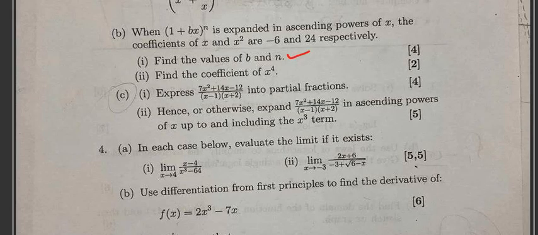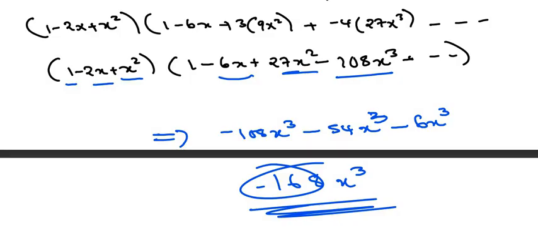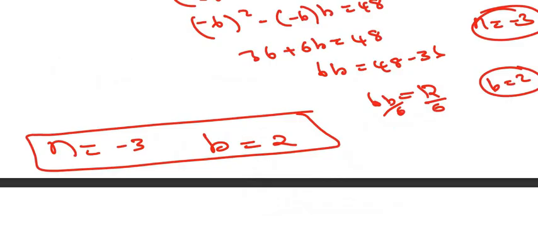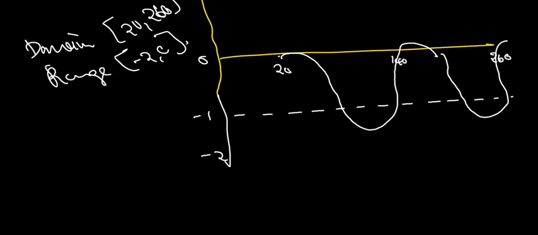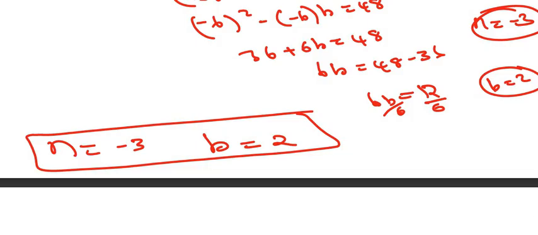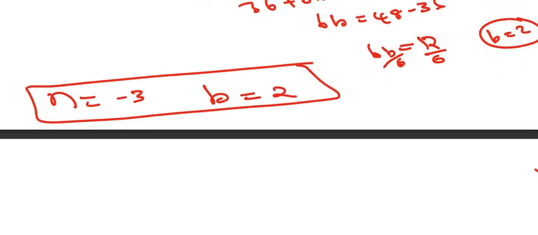Now, because we know our n, we're saying our n is negative 3. Then they're saying we find the coefficient of x to the power this. So we're having n. No, n has to be, where is the b?